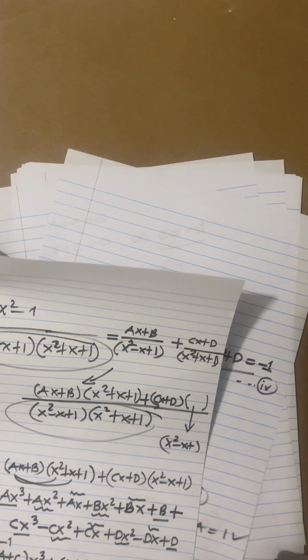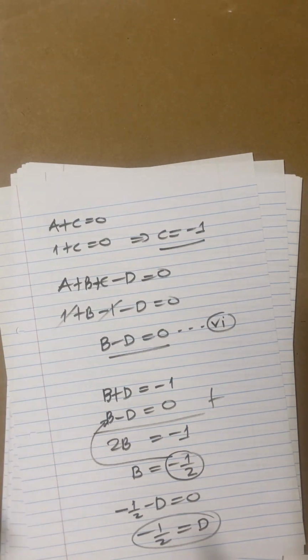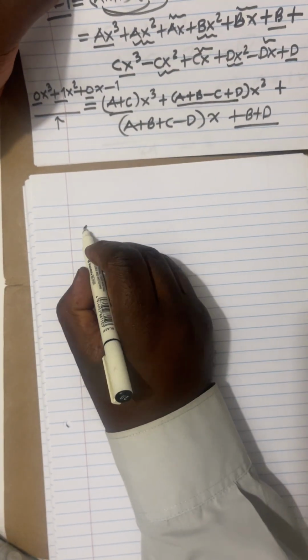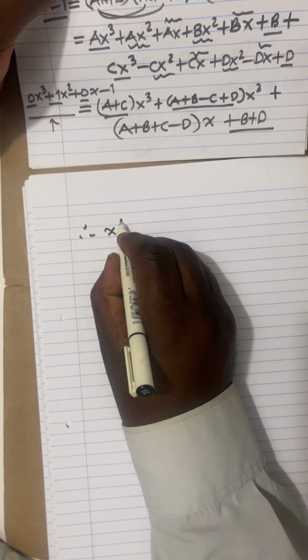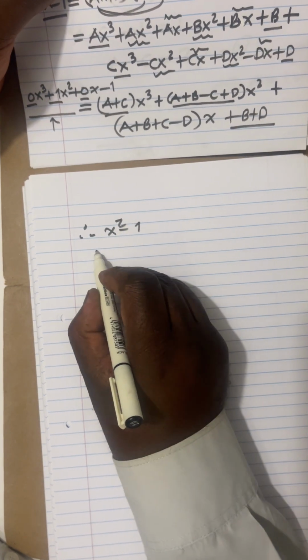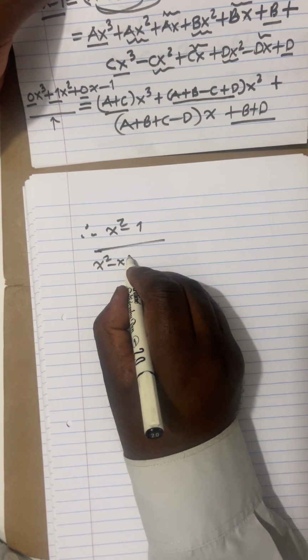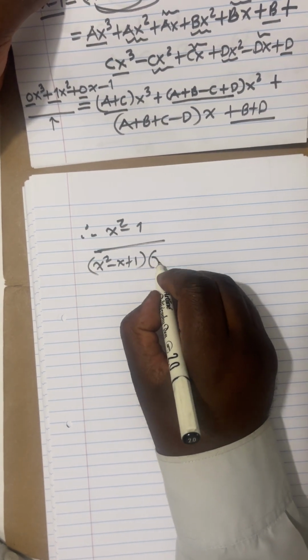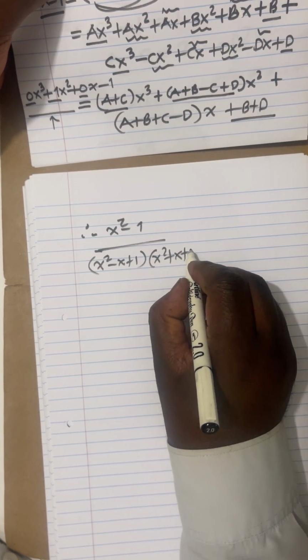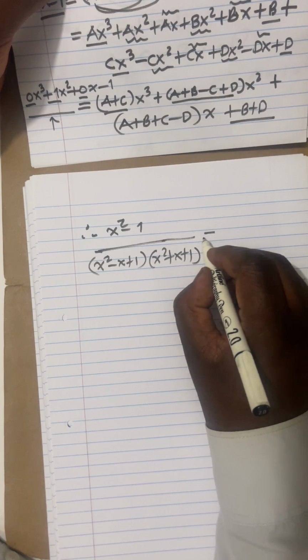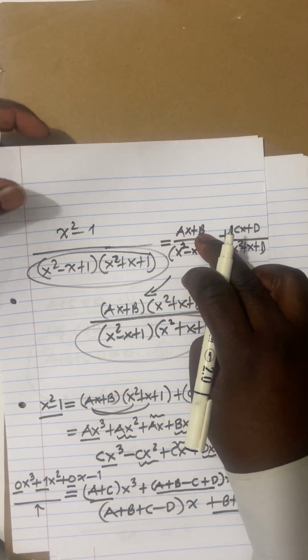So now it means our integral changes as follows. Therefore, x squared minus 1, which is all over x squared minus x plus 1 times x squared plus x plus 1. This simplifies now to, remember, a is 1, b is minus half.